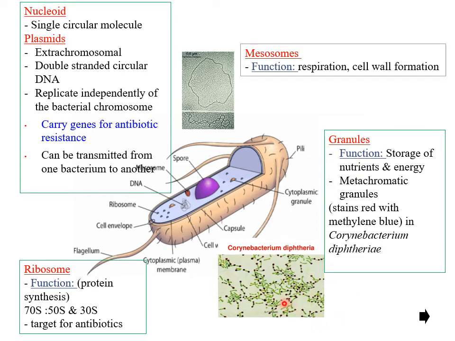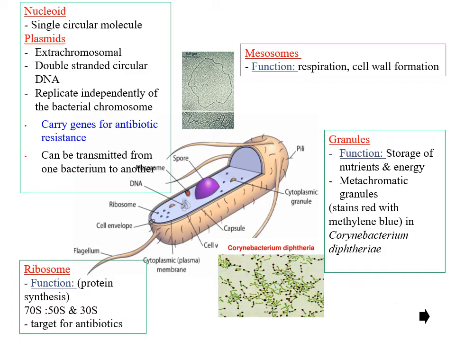The granules are the small dark dots inside the bacteria, and they store nutrients and energy. An example is metachromatic granules, which stain red in this picture when you put methylene blue dye on bacteria called Corynebacterium diphtheriae.